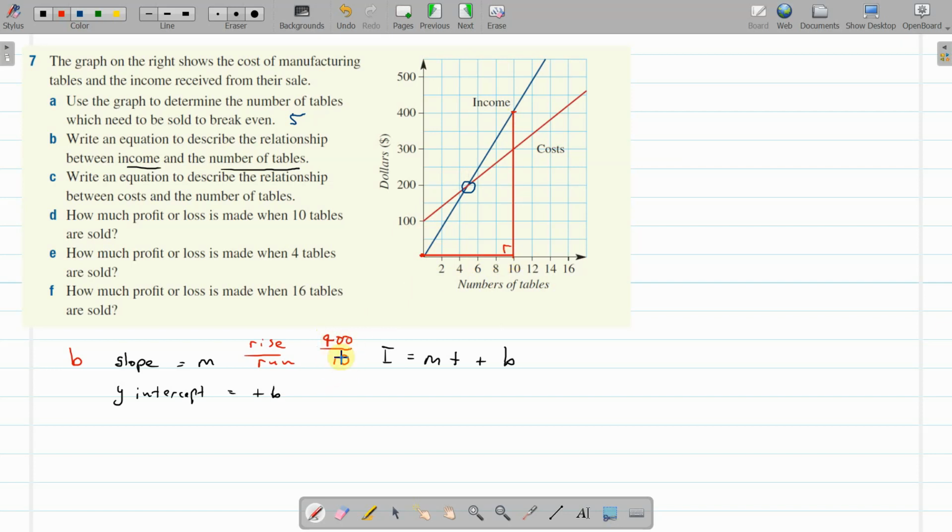And so that looks like the slope, 400 divided by 10 is 40. So the income equals 40 times the number of tables, and the y-intercept is back here at 0. So that's the equation. The income equals 40 times the number of tables.